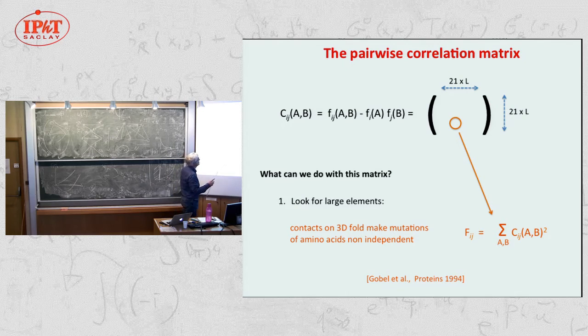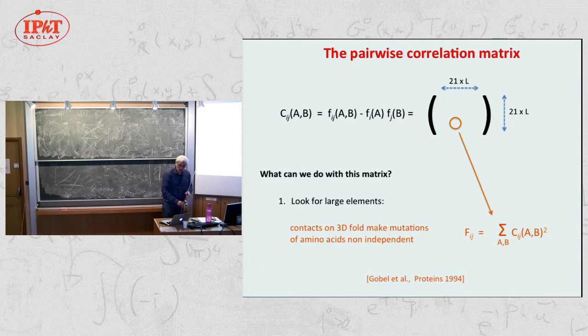You compute this matrix from your data, an empirical version of the matrix, and in order to get rid of the amino acid content, if you want to concentrate on the information about pairs of sites, you can compute some kind of Frobenius norm of this correlation matrix. That's the simplest thing you can do. People have more sophisticated versions with mutual information, but it doesn't change anything. So you have an index F_ij, which is the sum over A and B of C_ijab squared. It tells you how strongly the sites I and J along the protein are correlated.